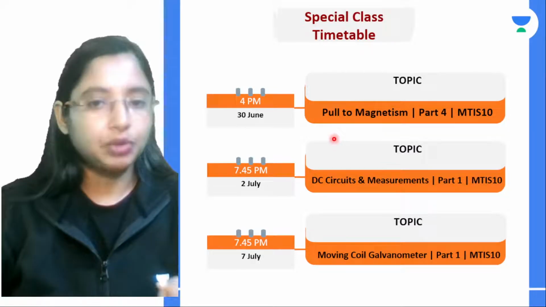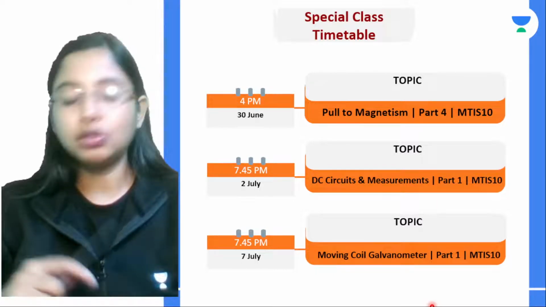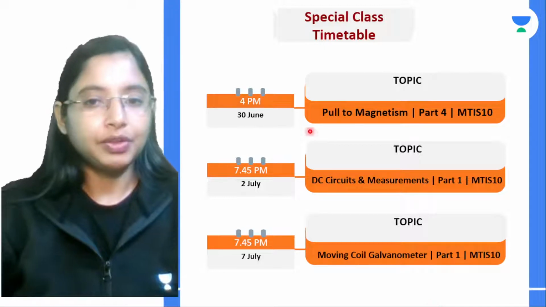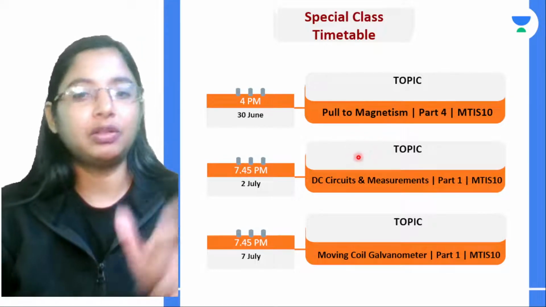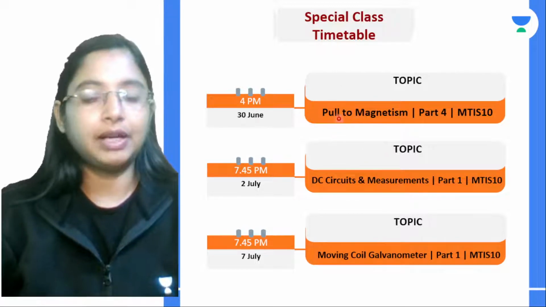We learned what the Biot-Savart law is, and we also saw some applications of it. Whatever is left, we will continue, and we will also see how the Biot-Savart law is different from Ampere's circuital law, or if they are the same. That we will cover in tomorrow's class.